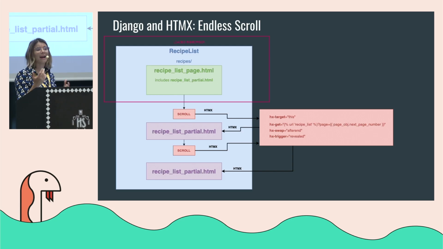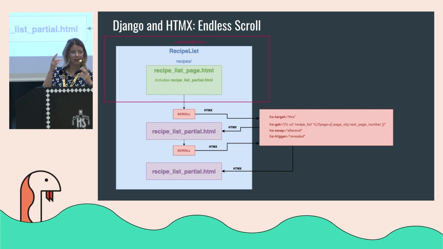They encounter the element that has those HX attributes, and the GET request is triggered. The response is added after it. The user scrolls again. The process repeats. Since we added the if, for loop last, and next page, only the last page will be loaded, and the last page won't have those attributes.